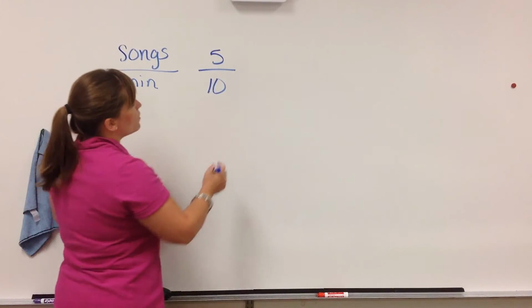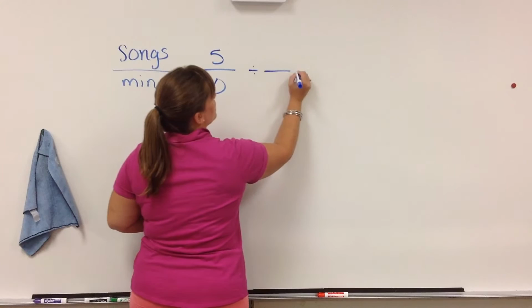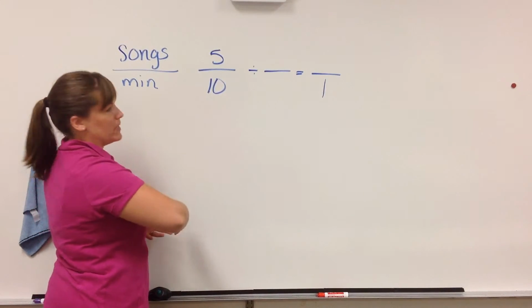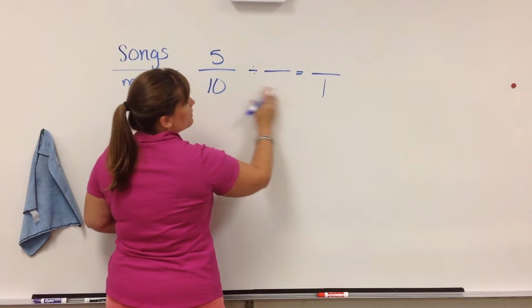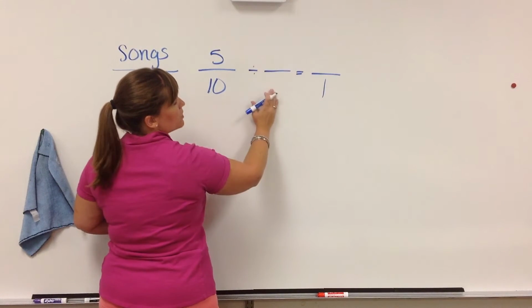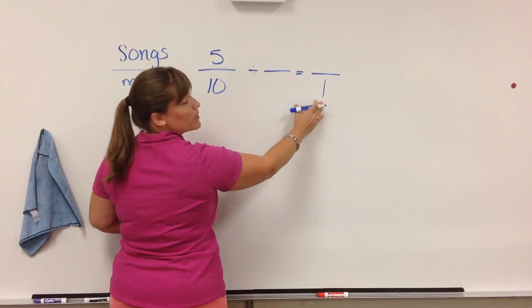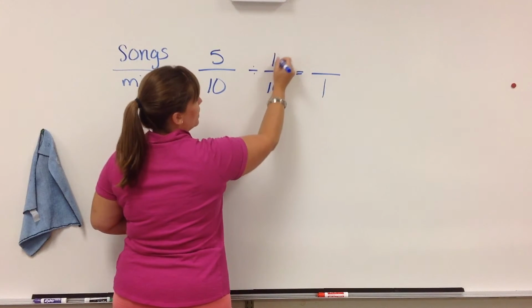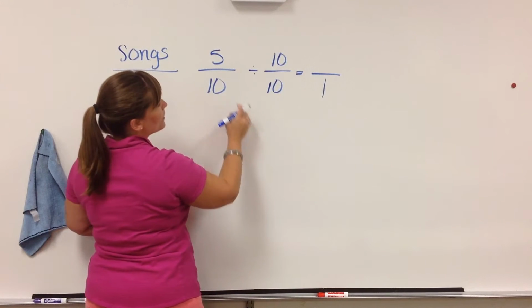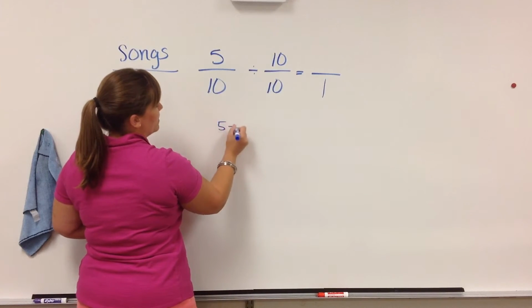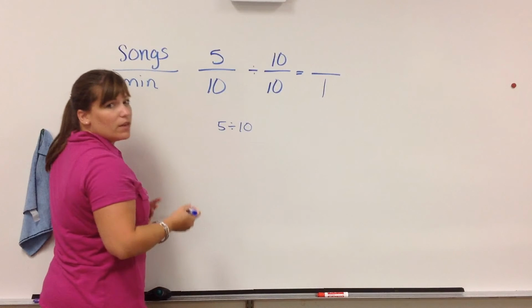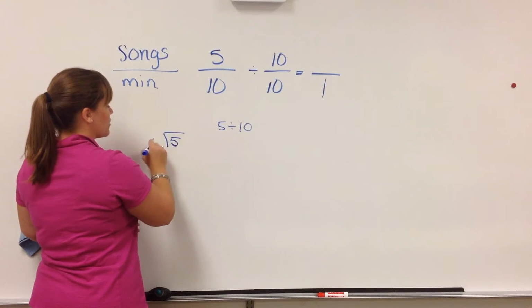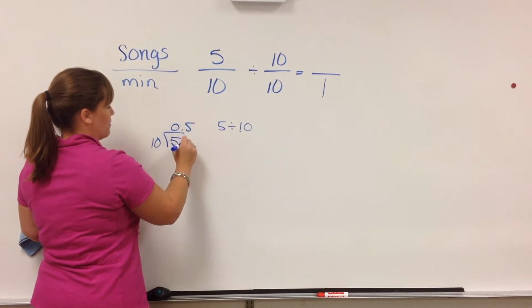And so I'm going to want to divide so that I want to know how many songs are being downloaded every minute. So notice I've set up my division over here and that I want it to be equal to 1. So 10 divided by 10 is 1. What I do to the bottom, I have to do the top. But now I have 5 being divided by 10. Smaller number first, then that 10. That actually will be a decimal.